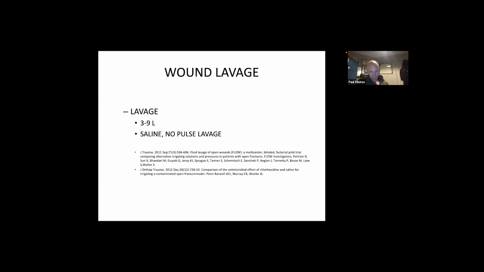So we just use a simple gravity-fed lavage. There's a fairly recent trial which looked at different soaps and antibiotics and so on, but basically normal saline is all that you need. There's some debate about the exact volume, but essentially, the more severe the soft tissue injury, the higher the volume we'd use.